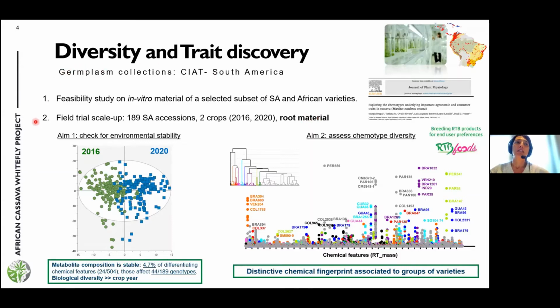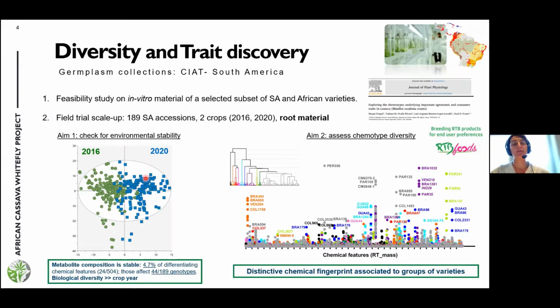Later the project was escalated to a larger collection, and the objective was to assess the stability of the metabolome over the years by comparing the material collected between 2016 and 2020.